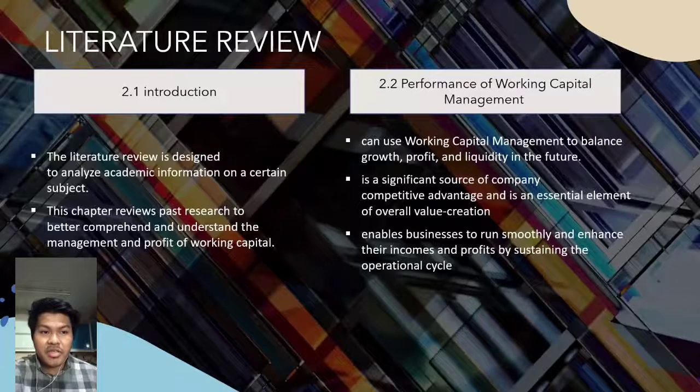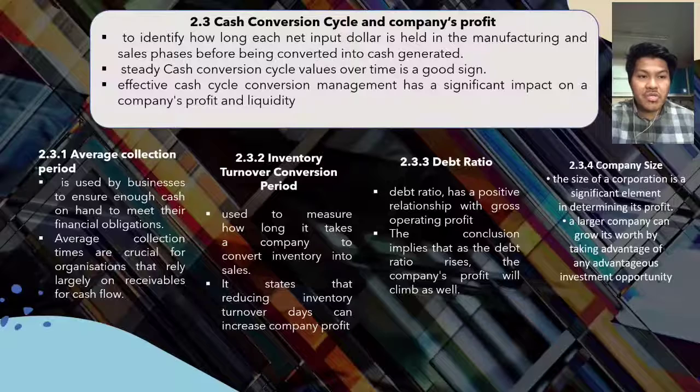After that is the cash conversion cycle and company profit. Based on the literature review, steady cash conversion cycle values over time are a good sign, and effective cash conversion cycle management has a significant impact on a company's profit and liquidity. There are 4 activities that will help with the cash conversion cycle and company profit.